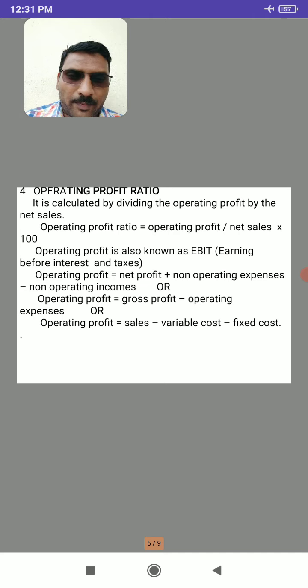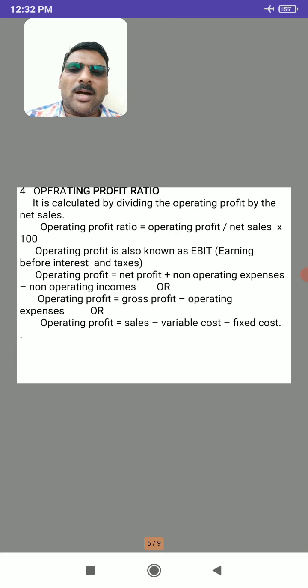In the last sessions we have seen how to calculate gross profit and what the operating expenses are. Operating expenses include factory expenses, administrative expenses, selling expenses and non-operating expenses. The total of these is called operating expenses.